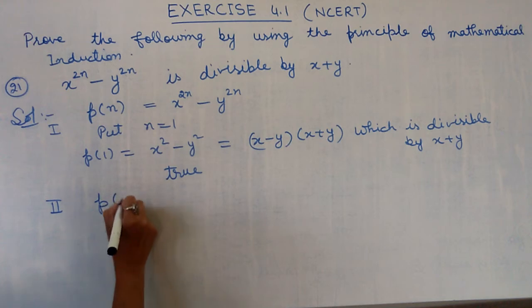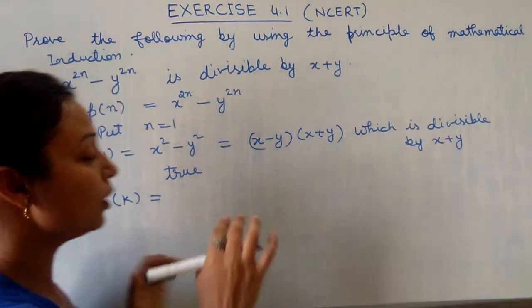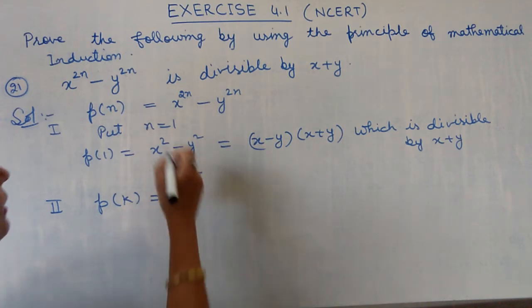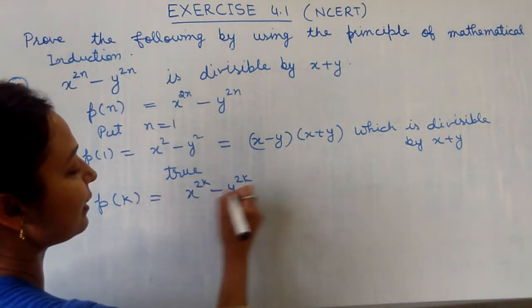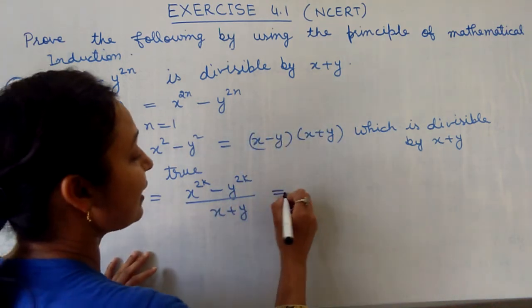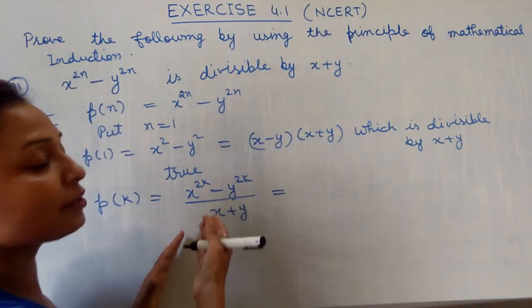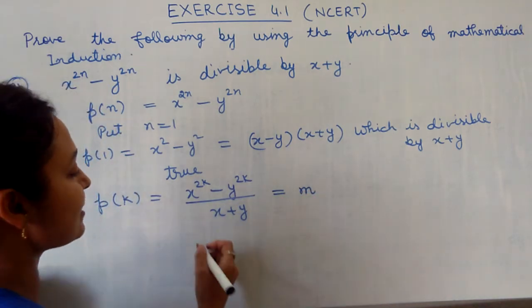You have to assume the result is true. So take n equals k: x raised to power 2k minus y raised to power 2k is divisible by x plus y, right? When you divide it by x plus y, definitely there is some quotient. I will take it as m.